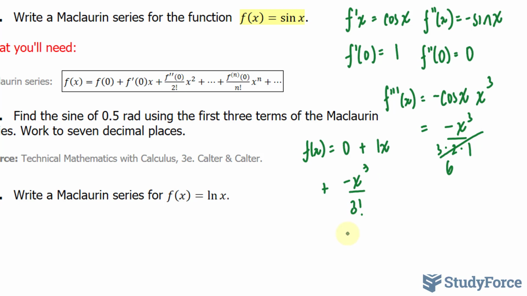Given what we discovered about the second term, we learned that it goes to 0. So we can assume the same thing will happen when we find the fourth term, the one after this one. So we'll skip the fourth term and move directly on to the fifth. We'll find the fourth derivative, which will be equal to sine x. We're skipping this one.